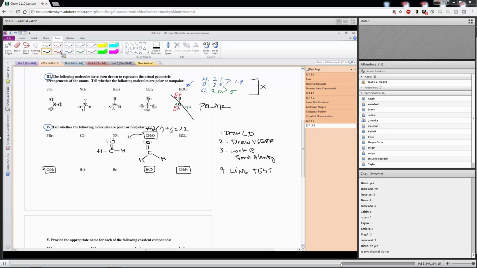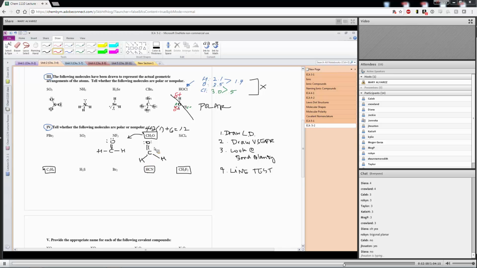Excellent. Next step, bond polarity. Is the carbon-hydrogen bond polar? Nope. Carbon's 2.5, hydrogen's 2.1, difference of 0.4. That's going to be on the nonpolar side of what we call bond polarity.